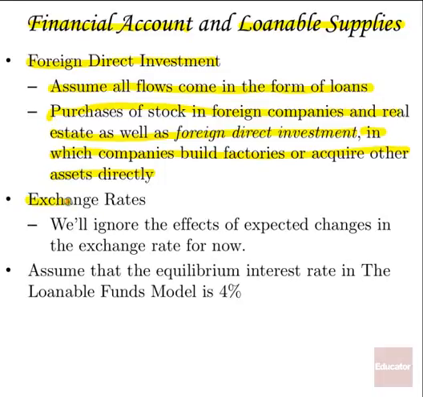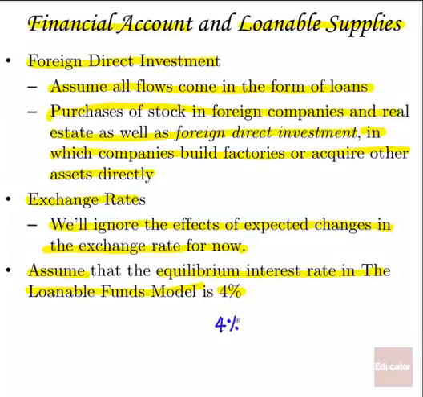Also, there's the impact of exchange rates, but we'll discuss exchange rates in the next lecture. We're going to ignore the effects of expected changes in the exchange rate for now. So assume that the equilibrium interest rate in the loanable funds model is 4%. So let's say you have this 4% interest rate.